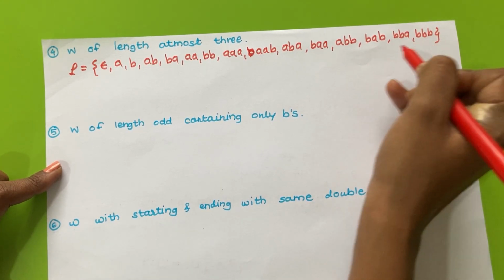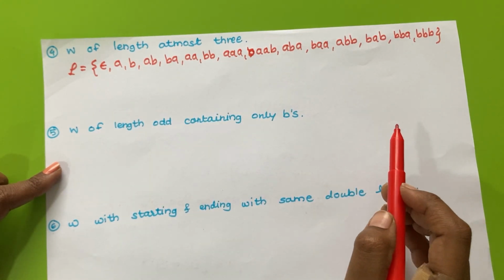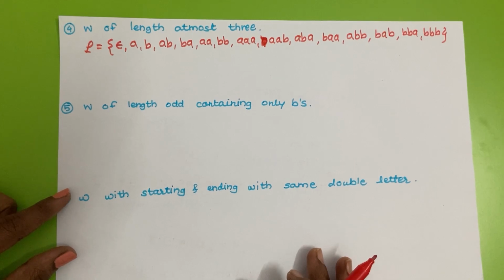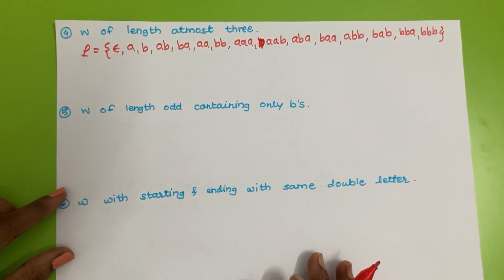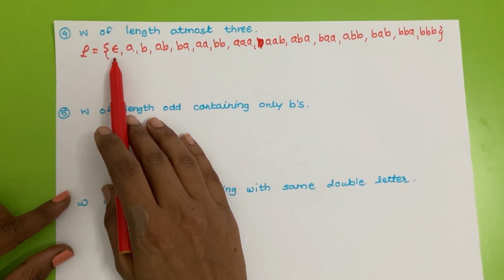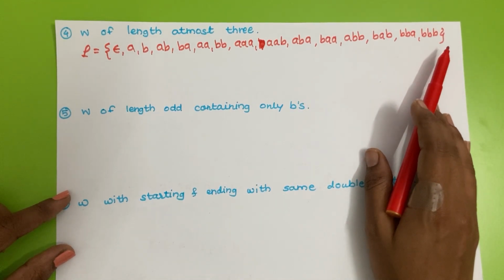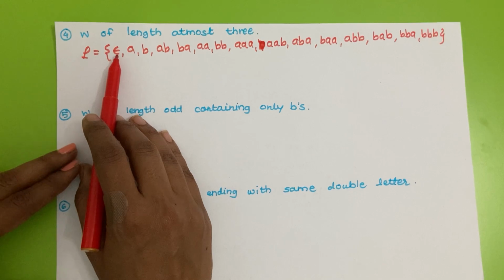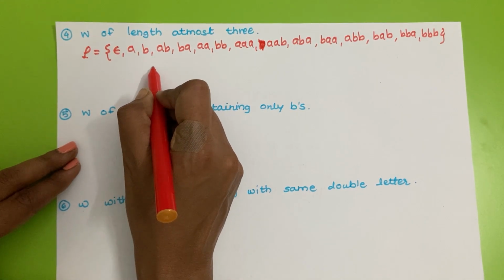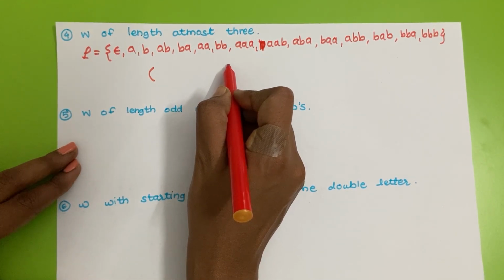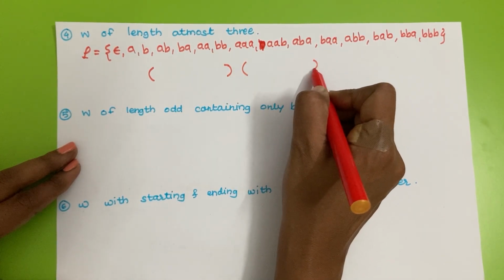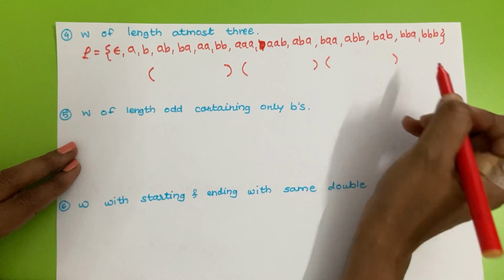These are the strings that will be accepted by the given regular language. This set will not be infinite; it will accept only this many strings. The smallest string will be empty, and we should have at most 3 length, so I can have 3 brackets.